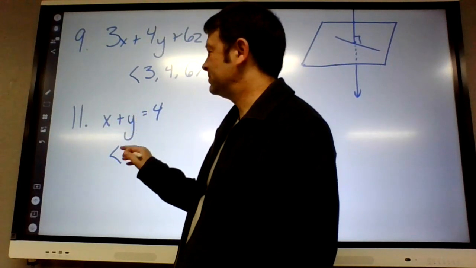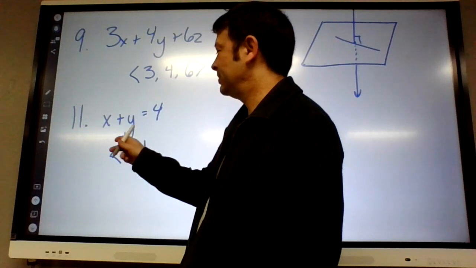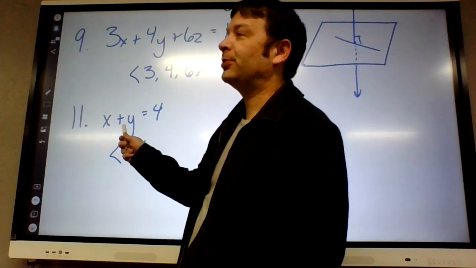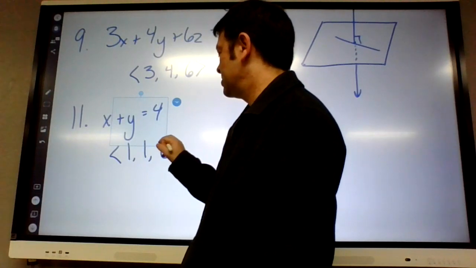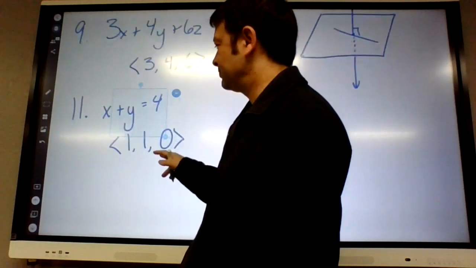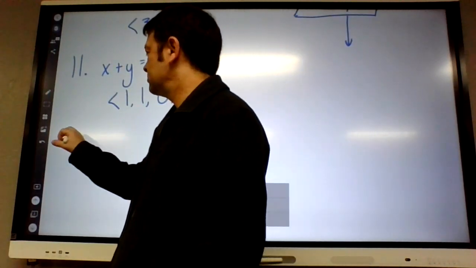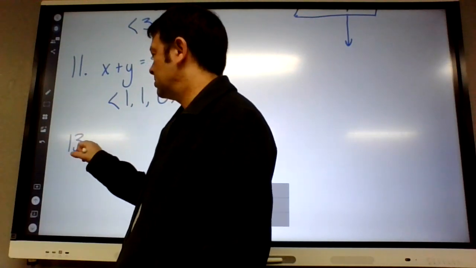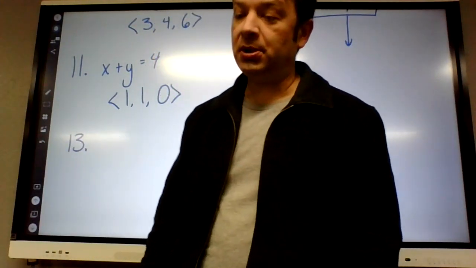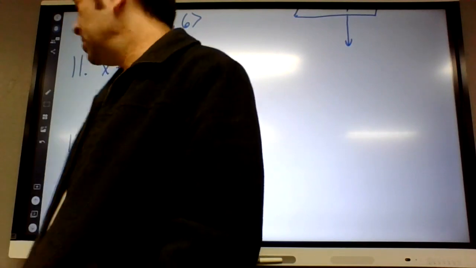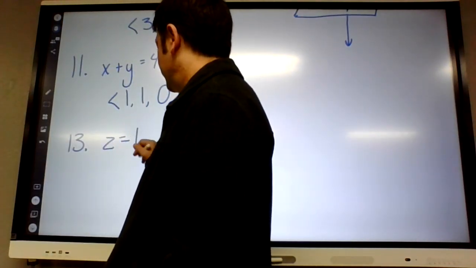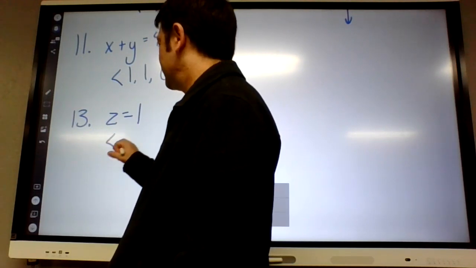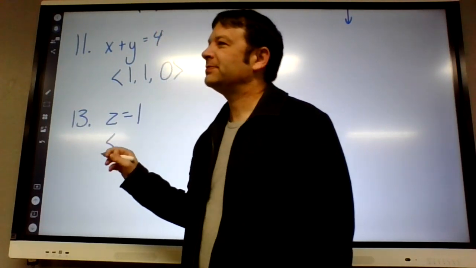Because you have to move it up. Anybody else have a guess? 1, 1, 0. 0. There is no z. Number 13. This one just says z equals 1. So it would be 1, 0, 0? What's... 0, 0, 1.